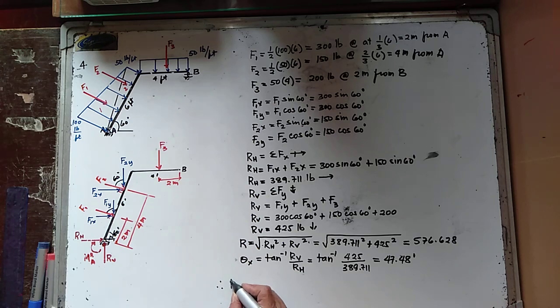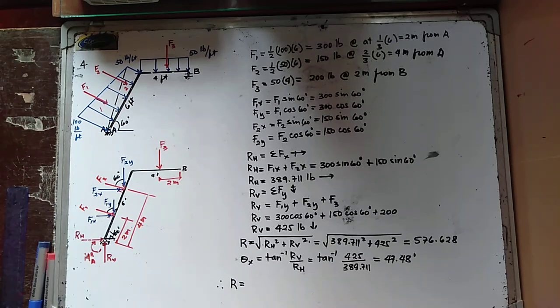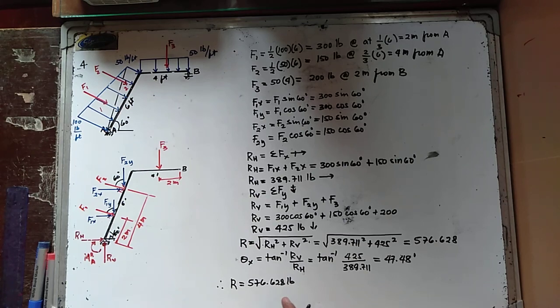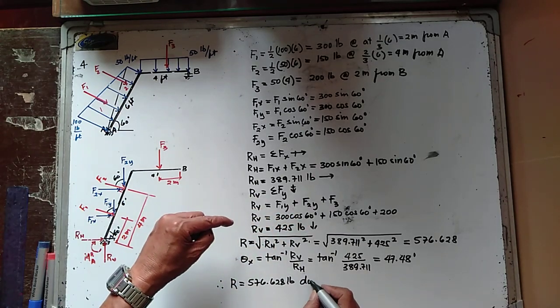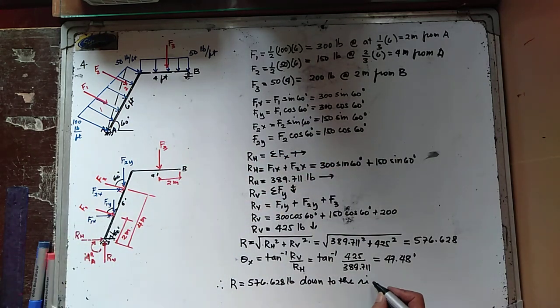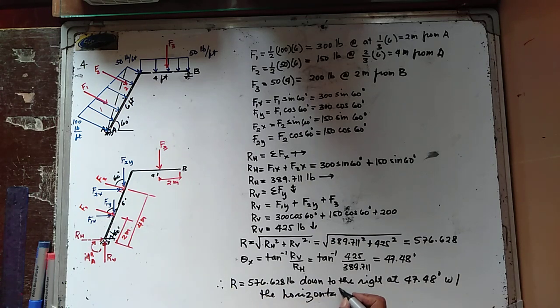Therefore, the resultant R, which is equal to 576.628 pounds, is down to the right at 47.48 degrees with the horizontal. That is therefore the resultant force.